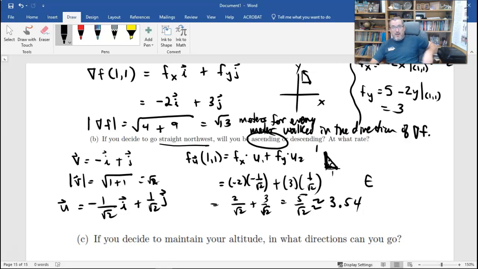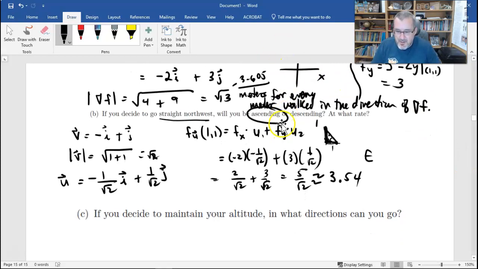That ought to be more than that. The square root of 13 is approximately 3.60555. There you go. And it's greater than that because we know that this is the greatest ascent. They were close to the same direction, northwest-ish, but not straight northwest. You would have to go a little bit off straight northwest to get the greatest ascent. Straight northwest is this ascent.